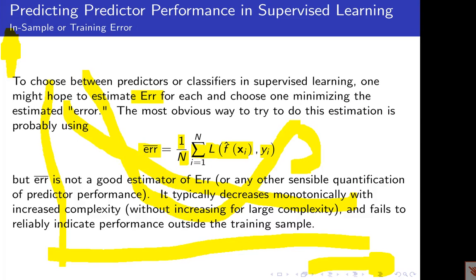You can decrease capital ERR with increased complexity up to a point, but thereafter increased complexity just degrades ERR. So we need to do something other than just use the training error to choose among prediction methodologies.